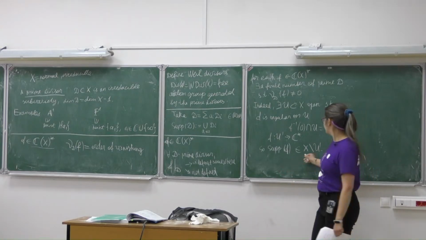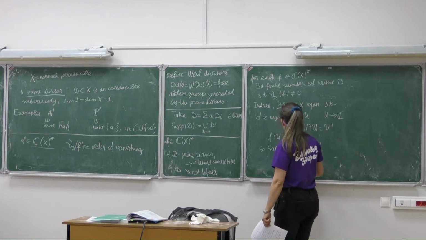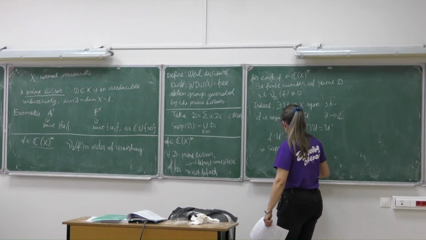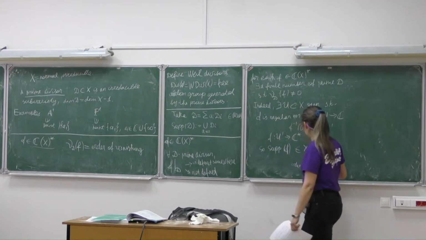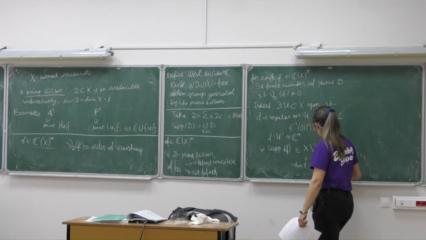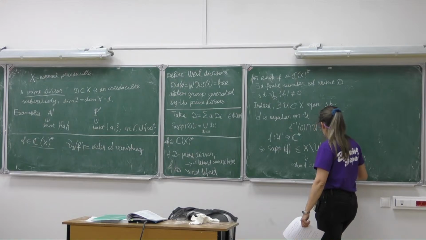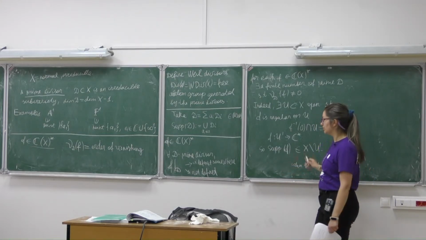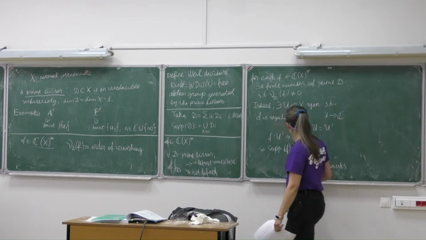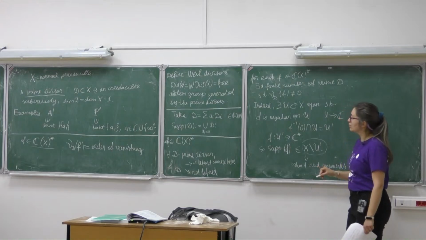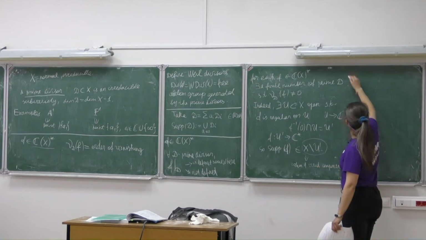This can be decomposed into codimension 1 irreducible components. So we count the order of f along all these irreducible components, and we get the decomposition.